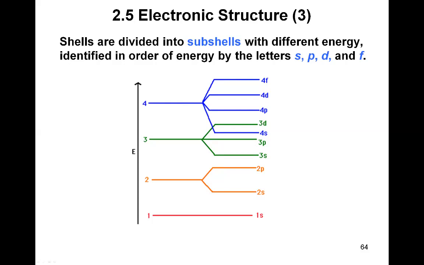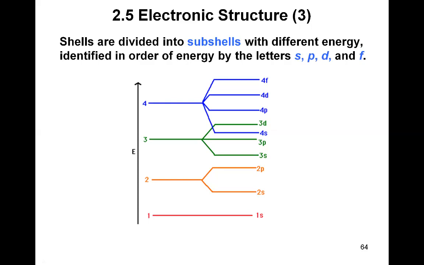The second shell has 2 subshells, the 2s and the 2p, with the 2s being lower in energy than the 2p. Then the third shell has 3 subshells, the 3s, the 3p, and the 3d, in order of energy. Then comes the fourth shell with 4 subshells, the 4s, the 4p, the 4d, and 4f, in order of energy.